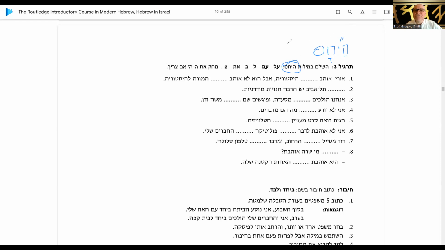Okay, so complete the words with the preposition. We have al, on or about; im, with; le, to or for; be, in, with or on. Et basically points the direction to the subject. What in the world is this? Oh, I see. They're going to try to trick us and say, should something be in this blank? And maybe there's not going to be something in that blank.